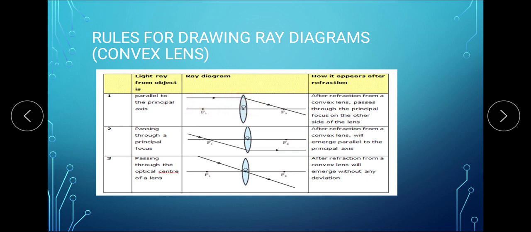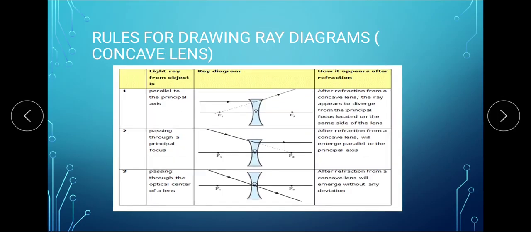And an incident ray which passes through the focus after refraction will pass parallel to the principal axis. Students, as I have told you earlier also, the ray which passes through optical center will pass straight without suffering any deviation.